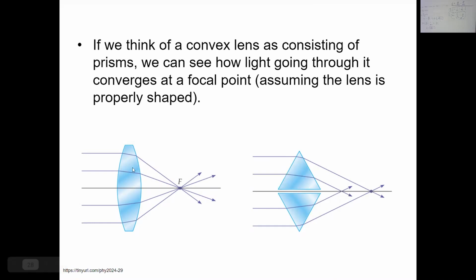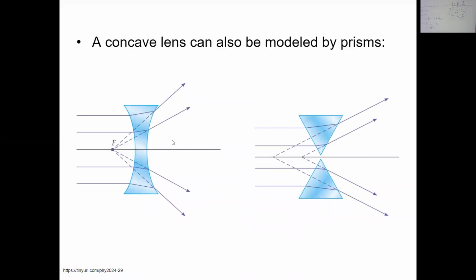But convex lenses convert parallel rays to a focal point. And for concave lenses, they diverge parallel rays to the center axis, and those diverged rays appear to be coming out of the focal point there. This is a similar effect if you have lenses upside down, for the top piece and also for the bottom piece in that configuration.